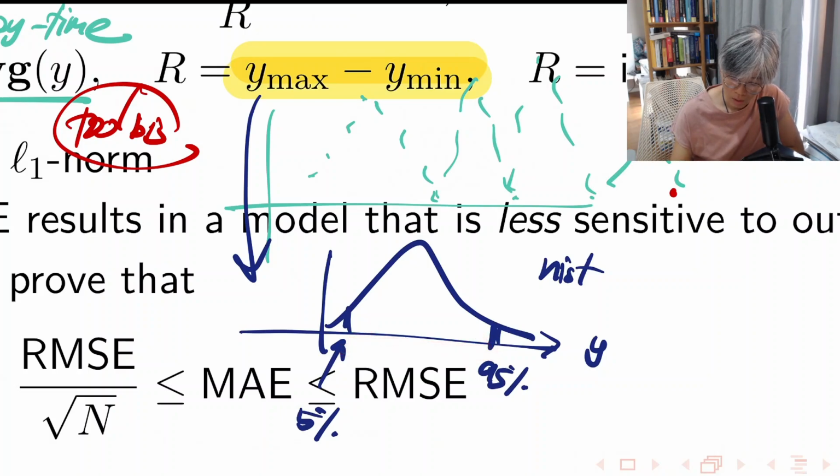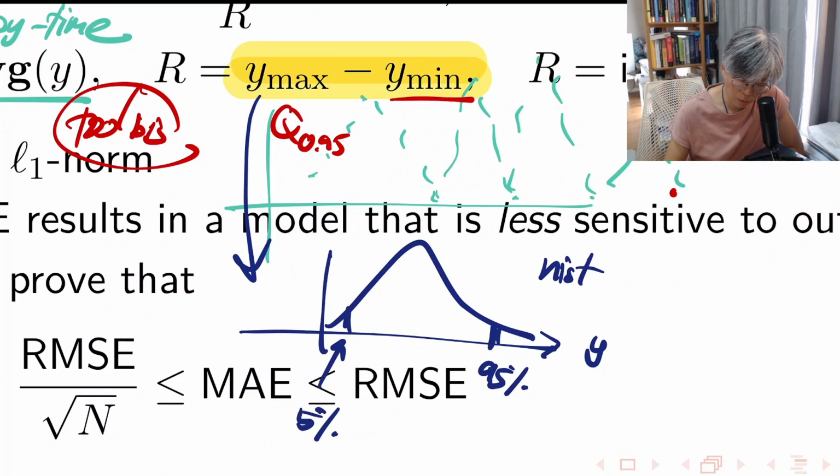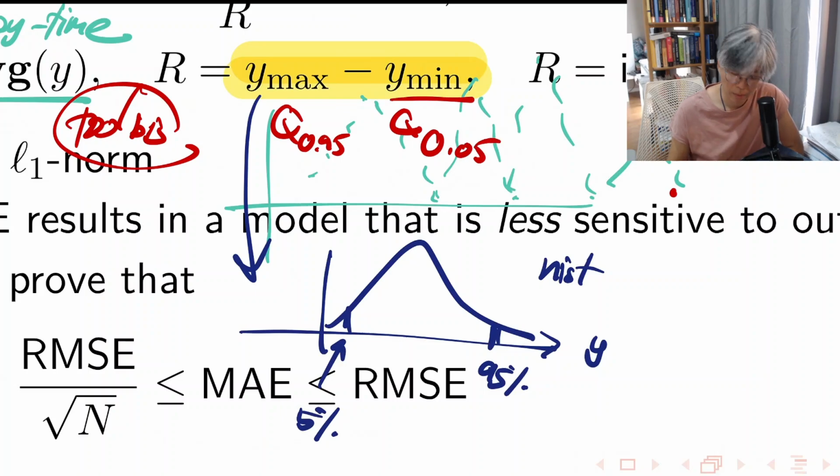Maybe you pick the quantile at 0.95, and for Y min you pick the quantile at 0.05, things like this. So if the data has a long tail, you don't pick the maximum one.